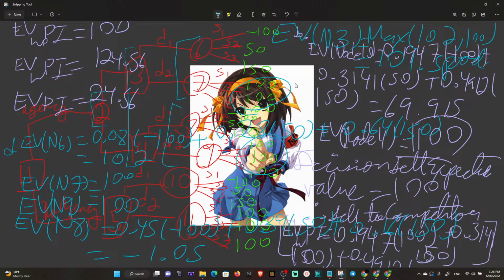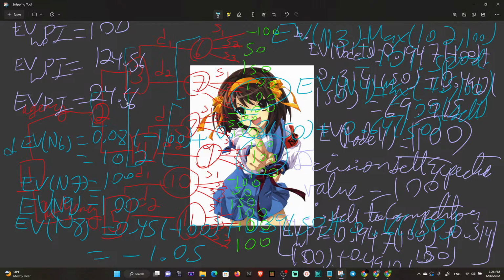And then for the other one, EV of node 4: S1 is produce, S2 is don't produce, and node 4 is going to be max of negative 1.05 and 100, which in turn is equal to 100, which means sell.